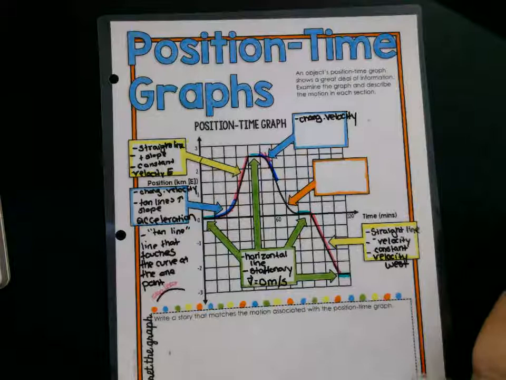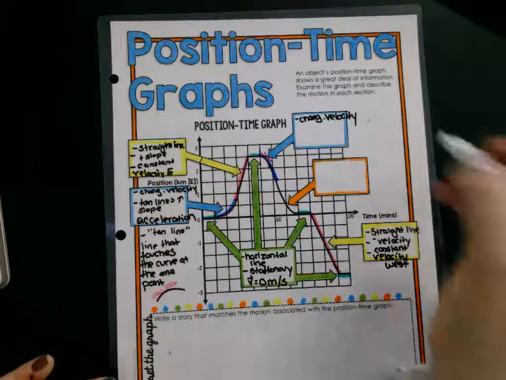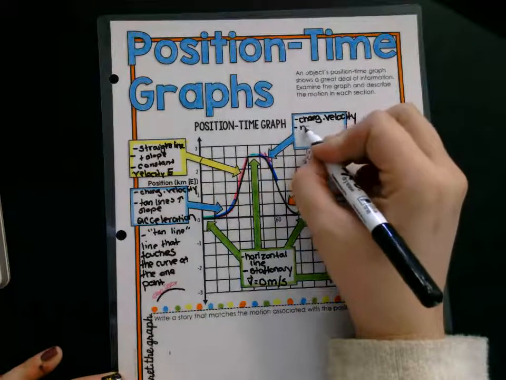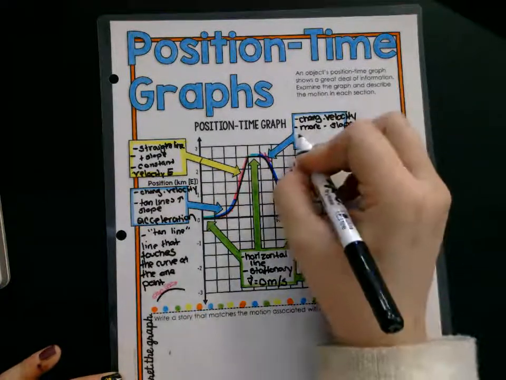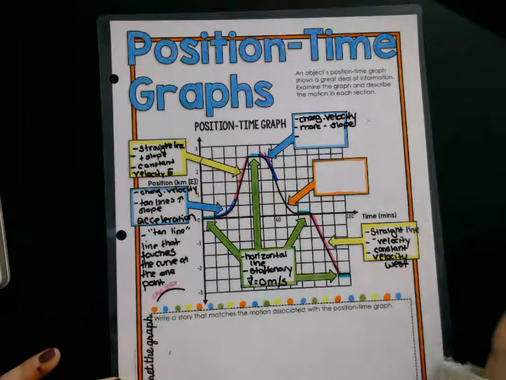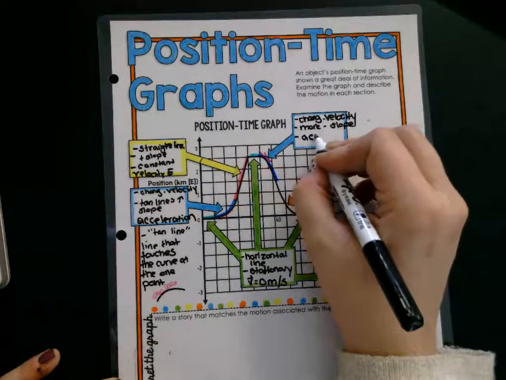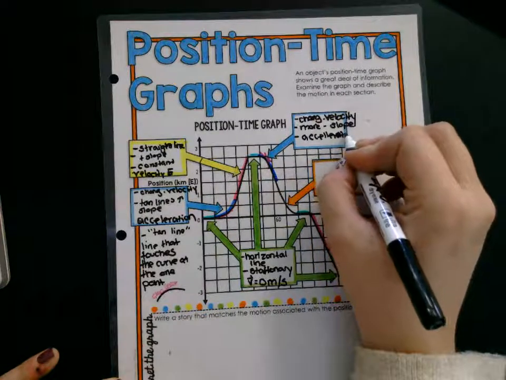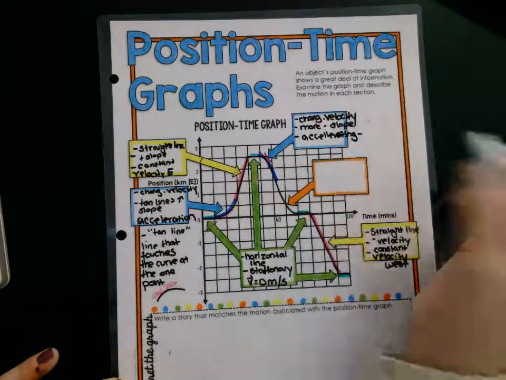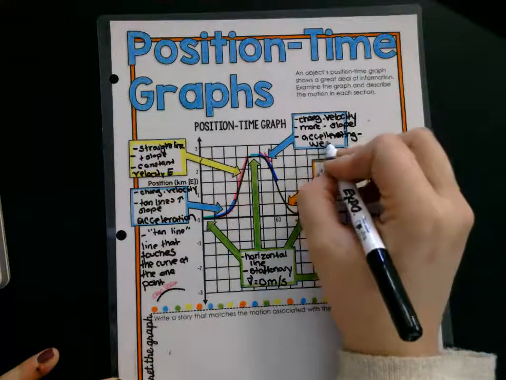We're still accelerating because the slope of the tangent line is increasing. But as it's increasing, it's becoming more negative. So since it's becoming more negative, we know we're accelerating in the negative direction, or we're accelerating west.